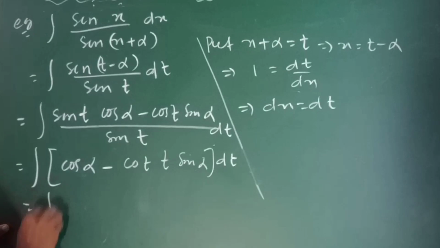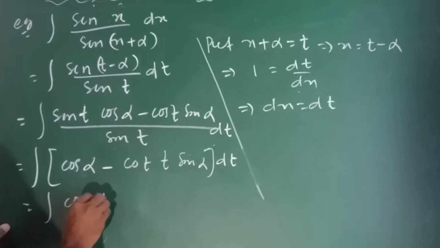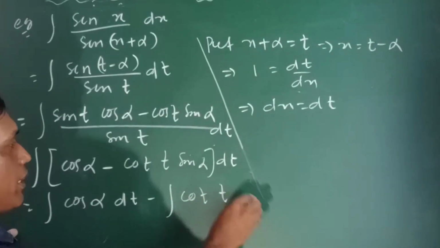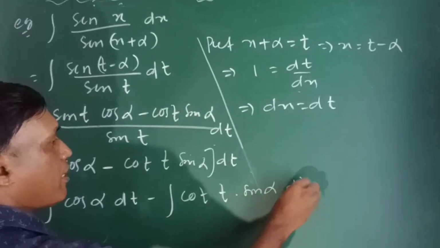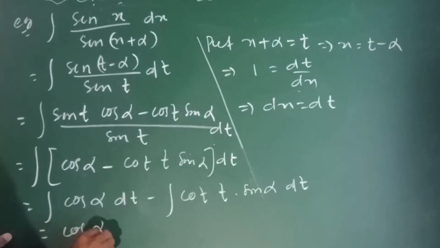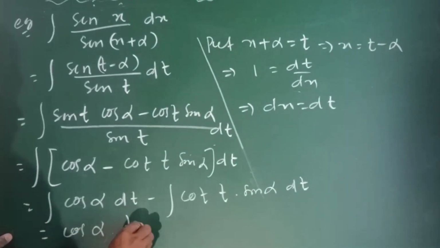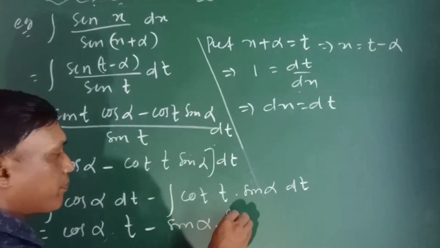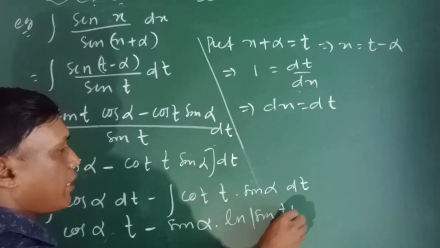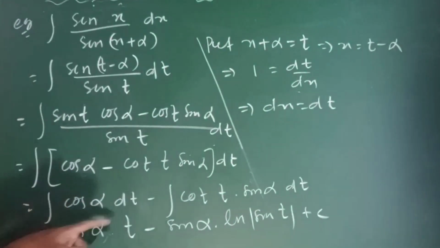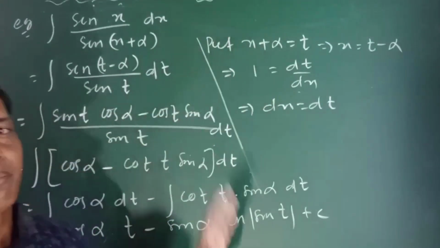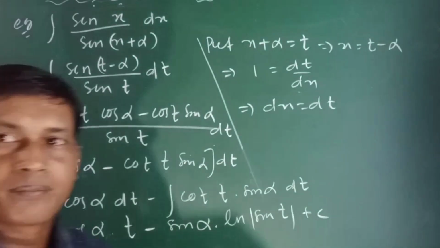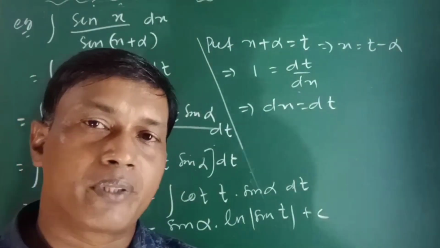So apply the subtraction formula: integration of cos alpha into dt minus integration of cot t into sin alpha dt. Cos alpha is constant, taken outside, integration of dt is t, minus sin alpha is constant here, integration of cot t is ln sin t plus c. Put the value of t, which is x plus alpha, and get the answer. So this is the easiest way to solve this type of problems.